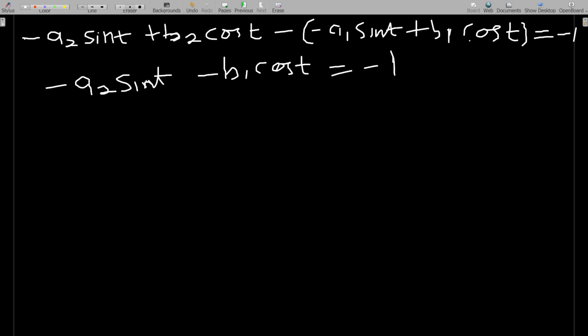If I divide through by -1, I have a2 sine t plus b1 cos t is equal to 1.